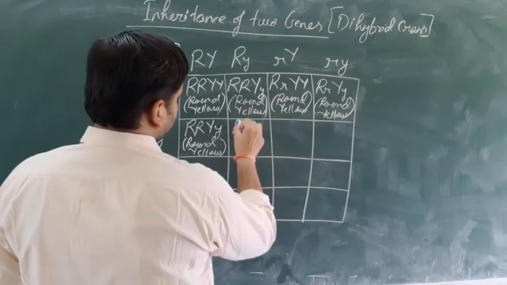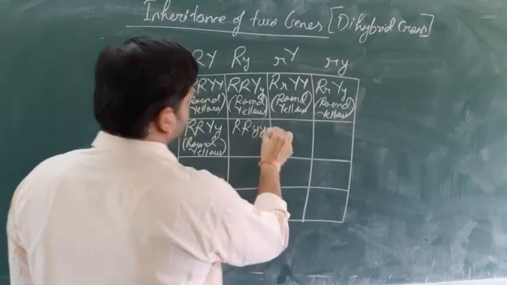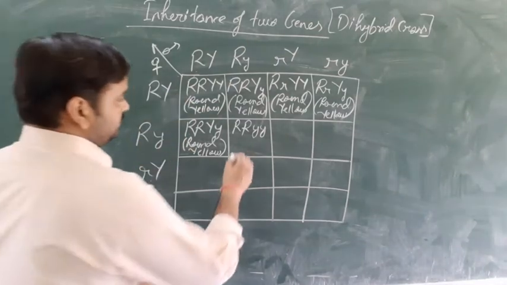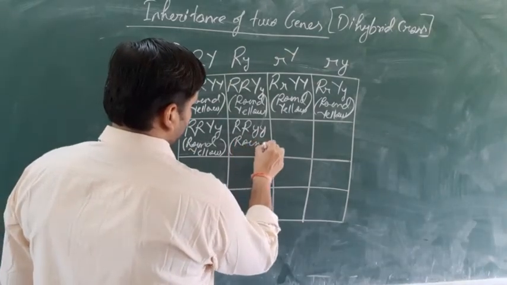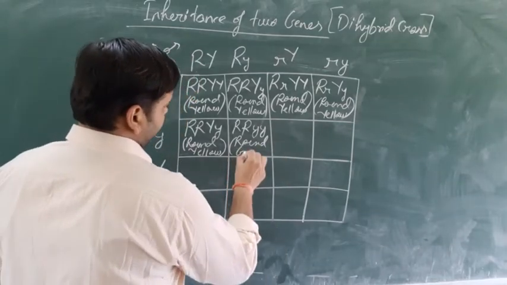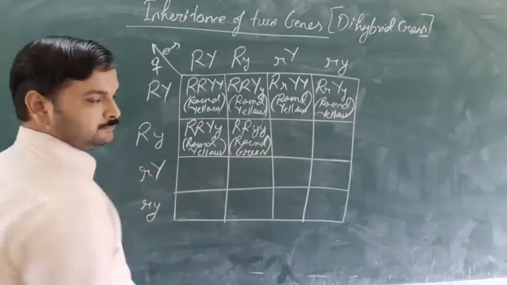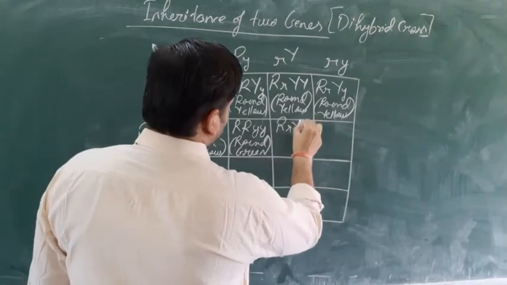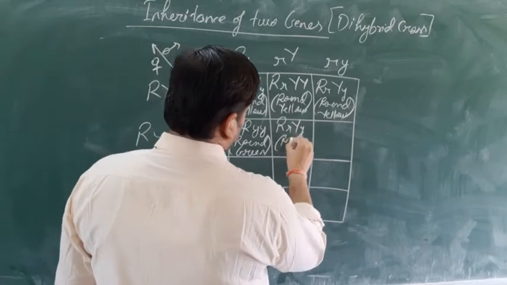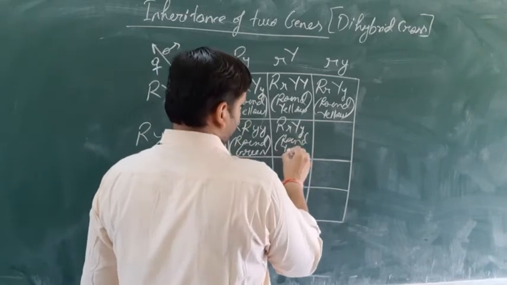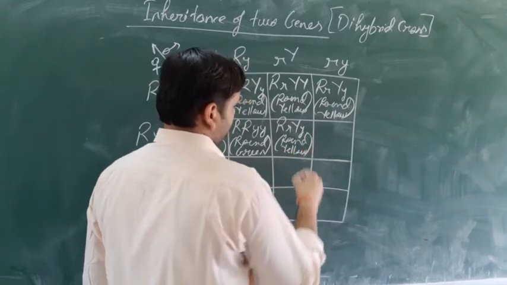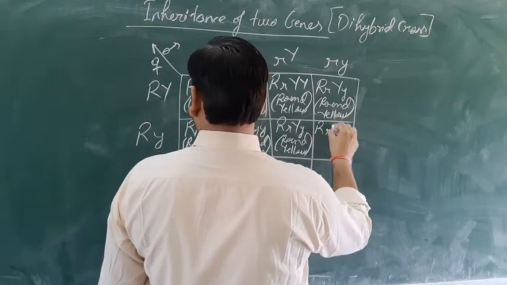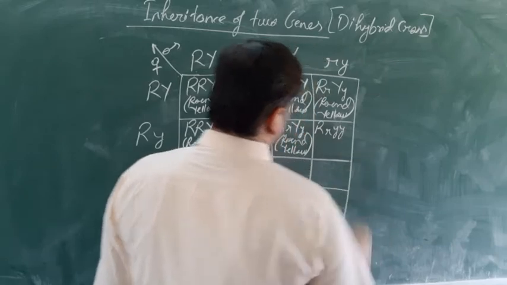Here capital R small y small y, capital R small y. Therefore the character will be round and green. Okay. Here capital R capital Y small y, again round yellow. Here capital R small y small y.